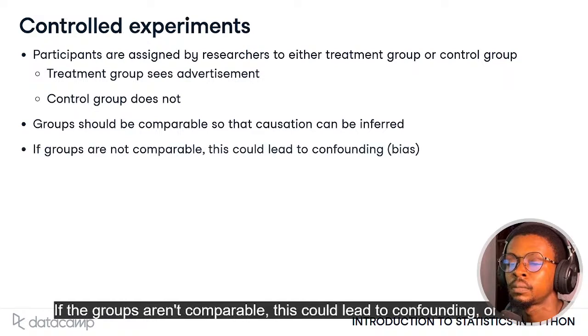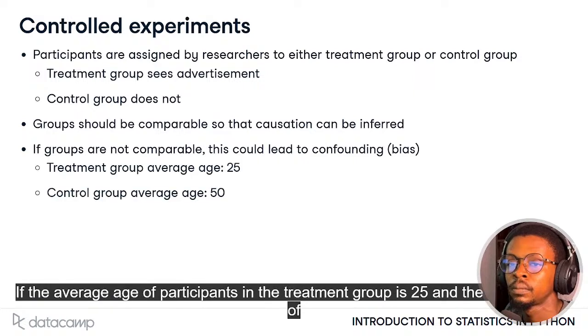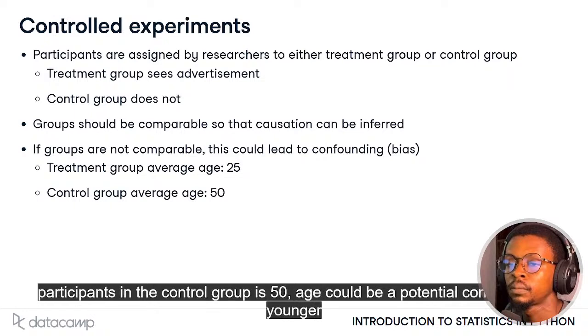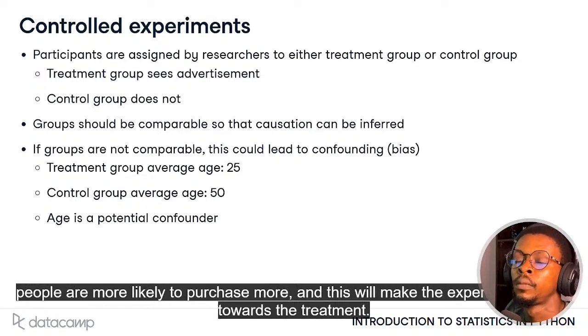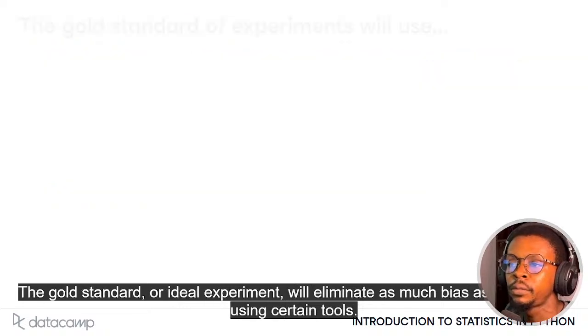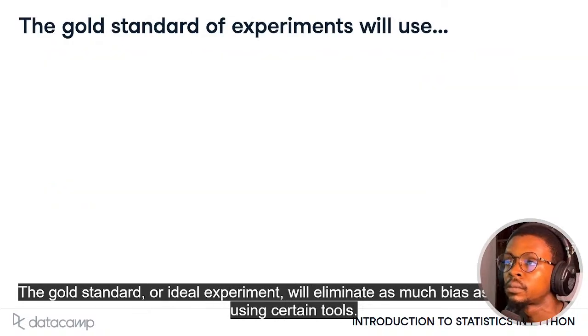If the groups aren't comparable, this could lead to confounding or bias. If the average age of participants in the treatment group is 25 and the average age of participants in the control group is 50, age could be a potential confounder if younger people are more likely to purchase more, and this will make the experiment biased towards the treatment. The gold standard or ideal experiment will eliminate as much bias as possible by using certain tools.